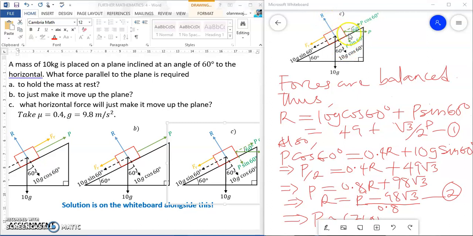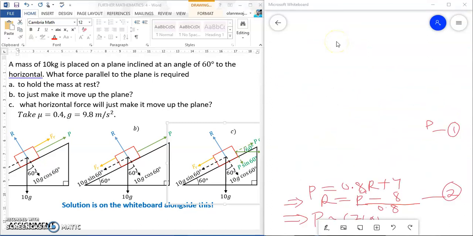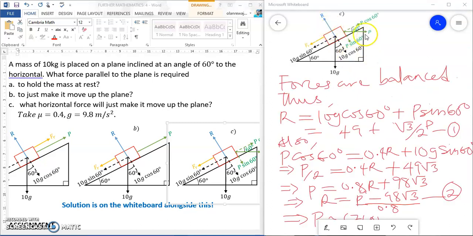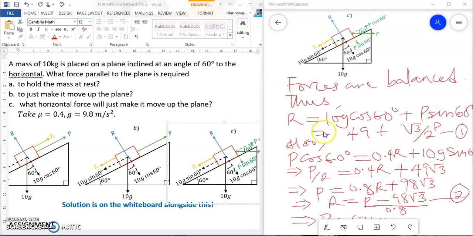This R is equal to the sum of these two forces, since they are acting perpendicularly downwards. And the parallel forces are also equal, which means that the sum of these two forces is equal to P cos 60 degrees.